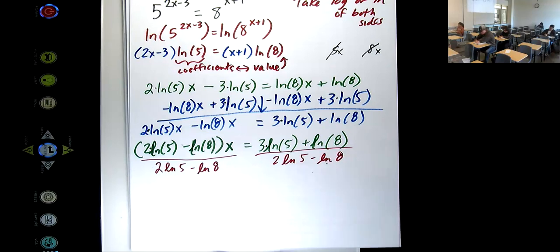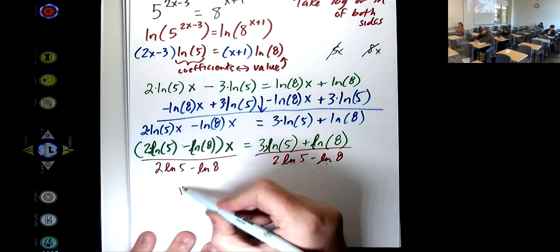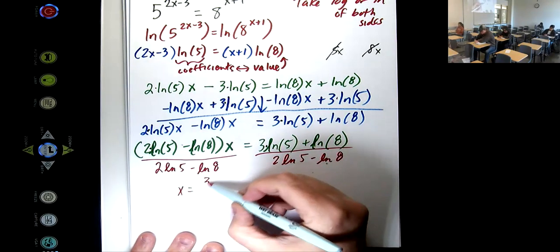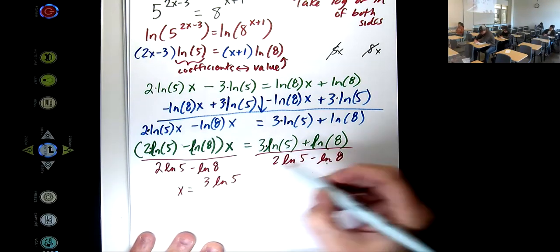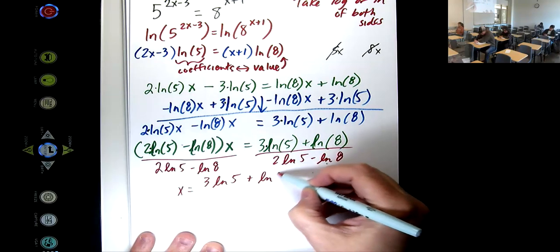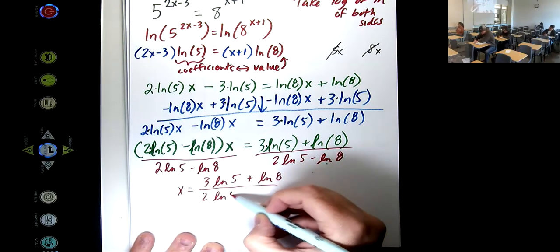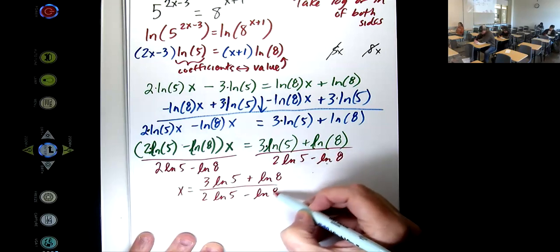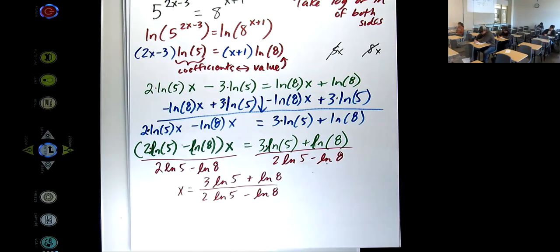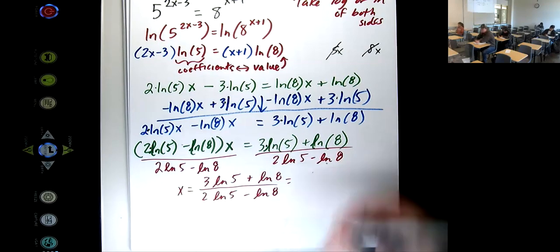Just do cursive on all of it. And we can figure out what that value is.